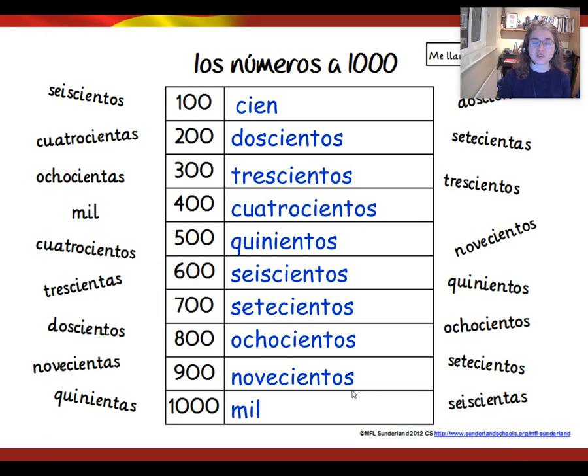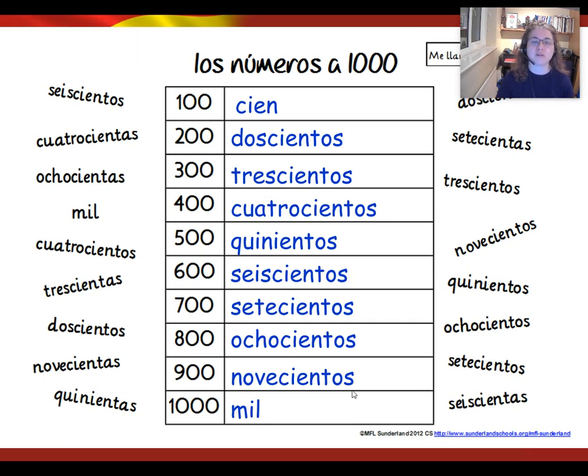Doscientos is used if you're counting something that you know is definitely all masculine or a mixture of masculine and feminine. Doscientas is the one that you would use if you're counting something that you know definitely is all feminine. To be honest, we're going to use the masculine a lot more than the feminine form, but you need to know it exists just in case.